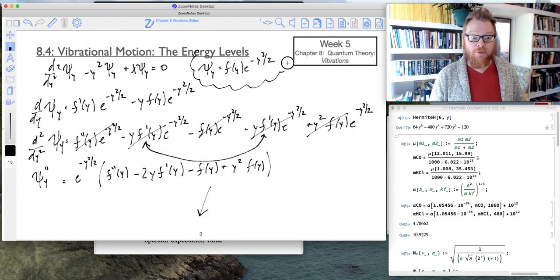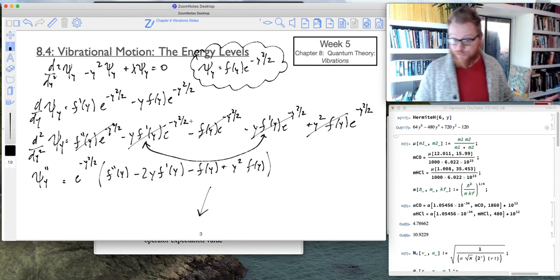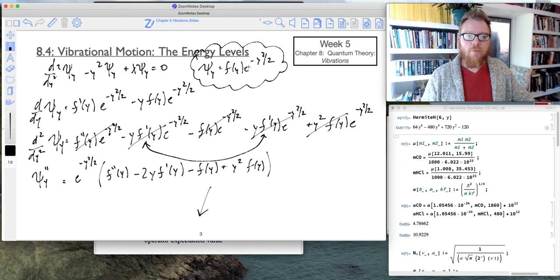We guessed that our solution was going to be some polynomial f of y times e to the negative y squared divided by 2. Okay, so remember that. This f of y, that's a Hermite polynomial, okay? So what we're going to have in our Schrodinger equation is a Hermite polynomial, this exponential to the negative y squared divided by 2, and, of course, we need a normalization constant.